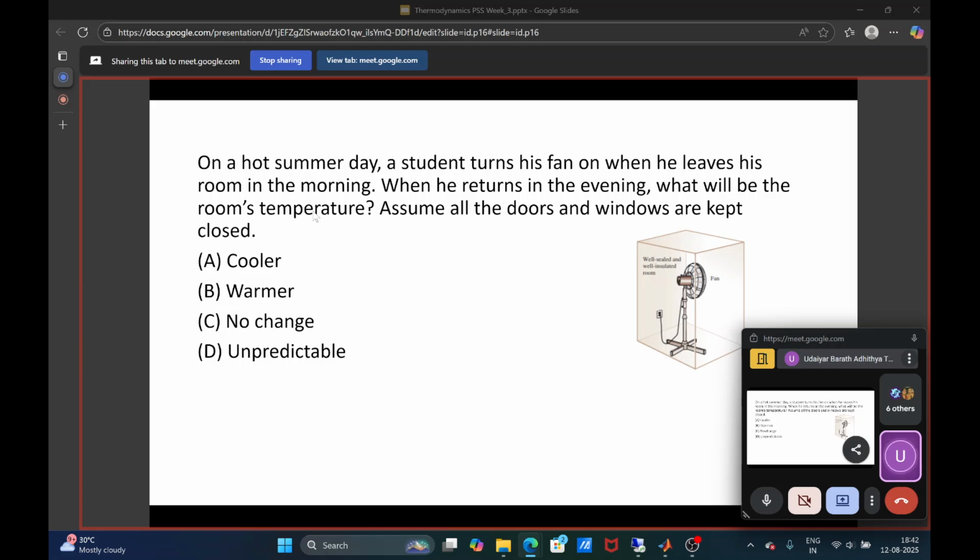You switch on the fan, you forget, but the room is insulated, and when you come back, what do you think the room temperature will be? Will it be cooler because the fan is running, or warmer, or do you think there will be no change, or it cannot be predicted? So what do you think will be the case?